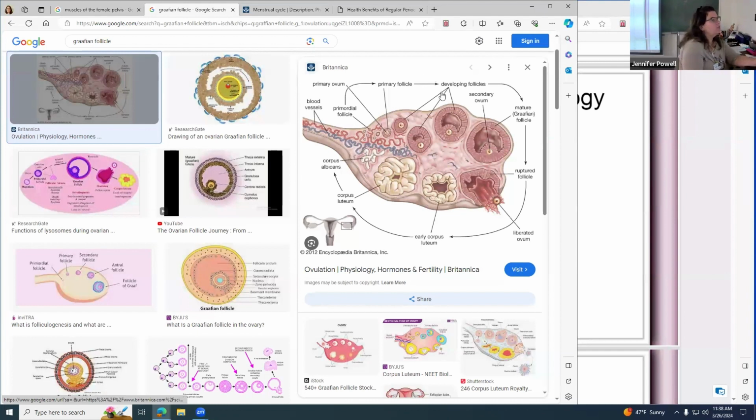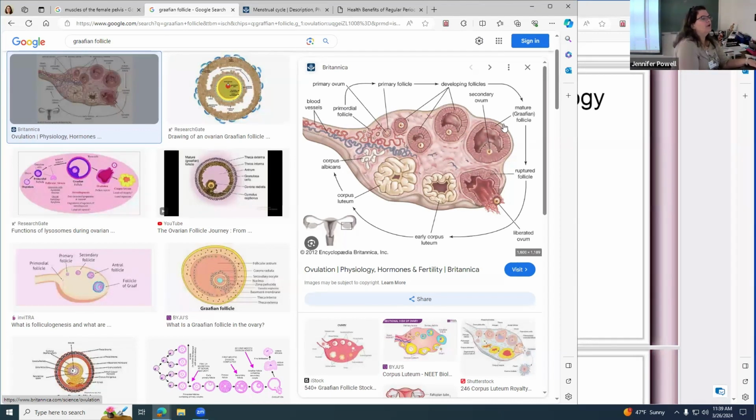So this whole cycle goes that you've got your primary ovum, and then remember your ovaries start to mature one egg. They take turns every month, they alternate. So one of the follicles begins to develop, becomes mature. That's called the Graafian follicle, the one that's been chosen to ovulate.